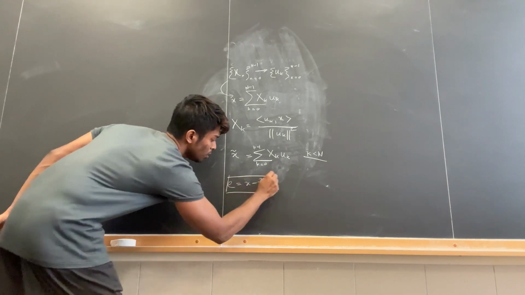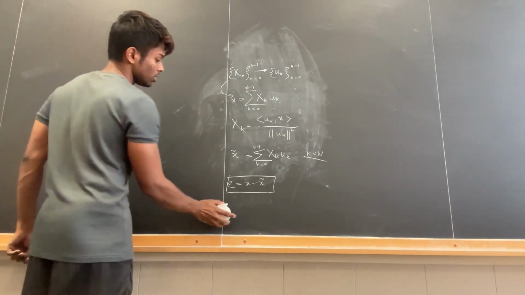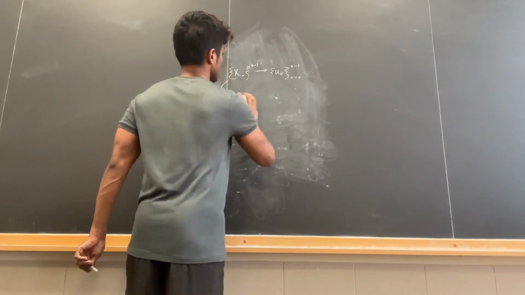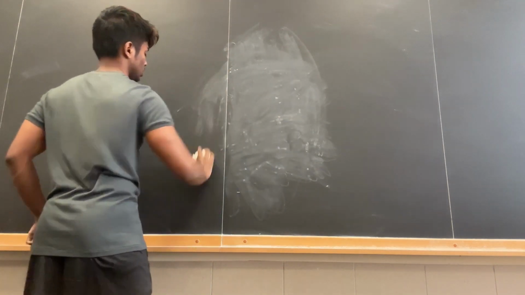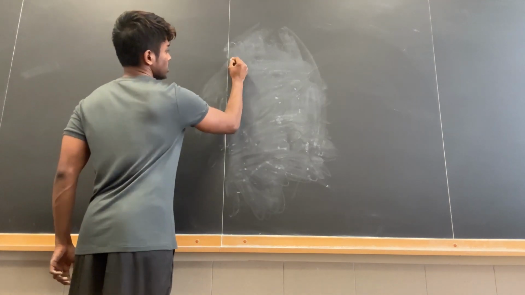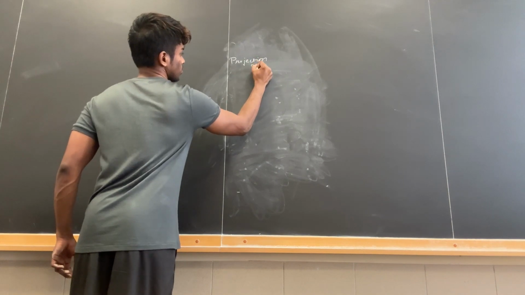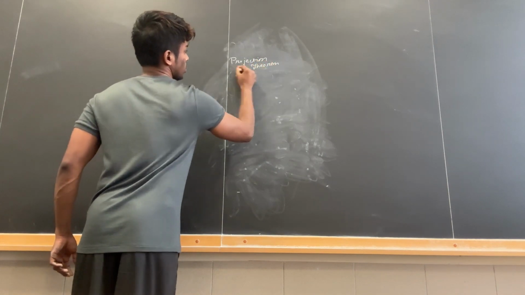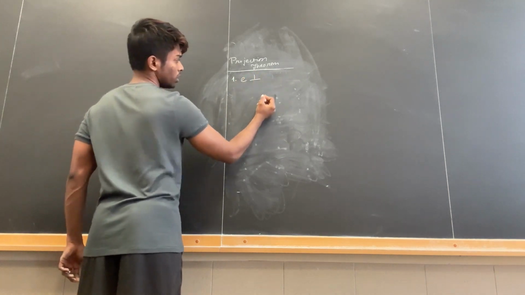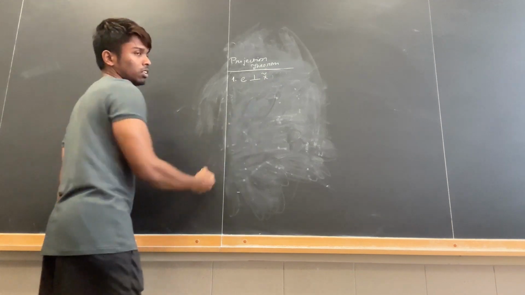Now then we move forward to the projection theorem, and the projection theorem is this. After the first point of the projection theorem, the error of approximation is orthogonal to the approximation itself, right?